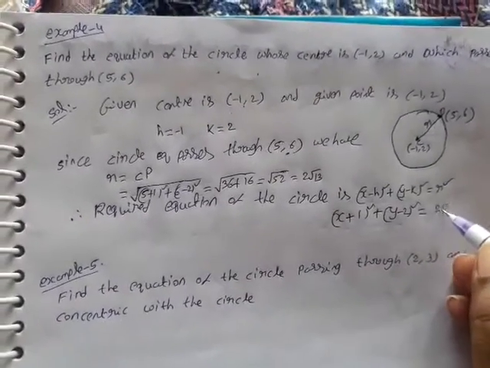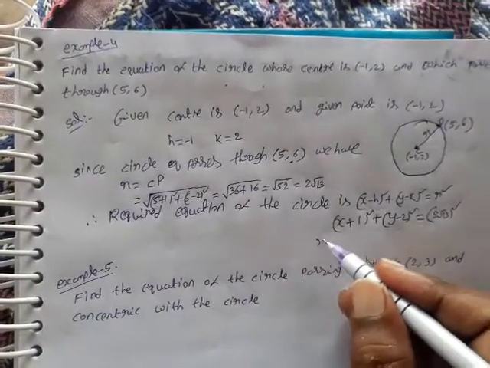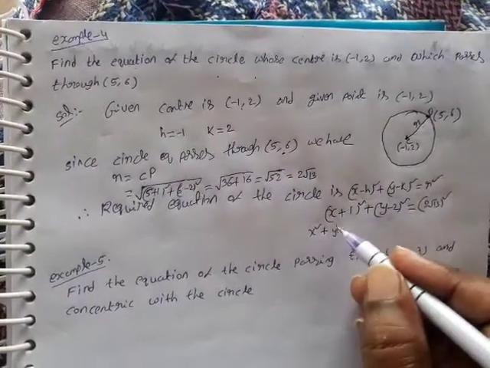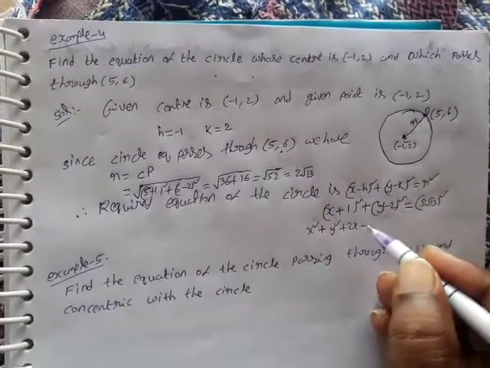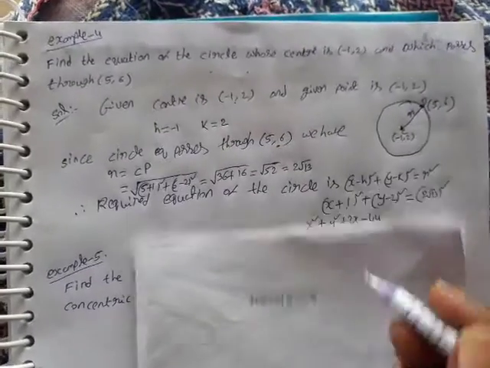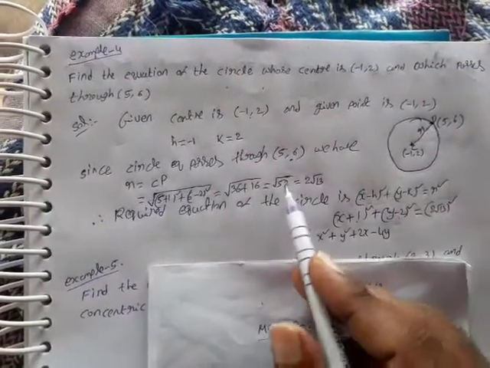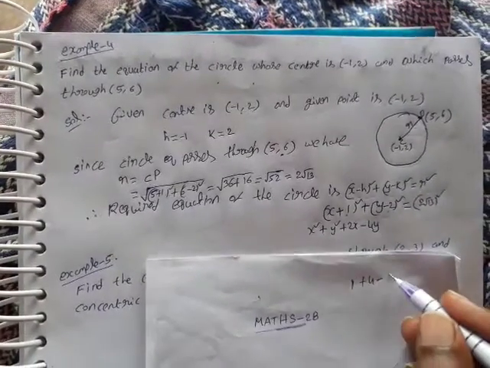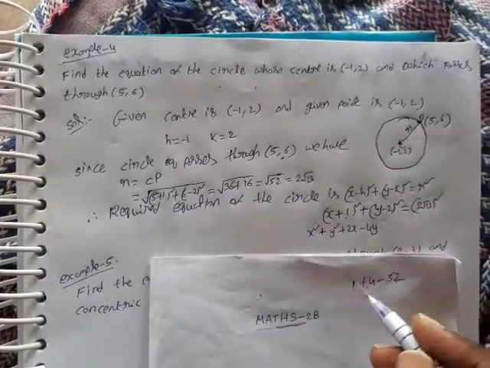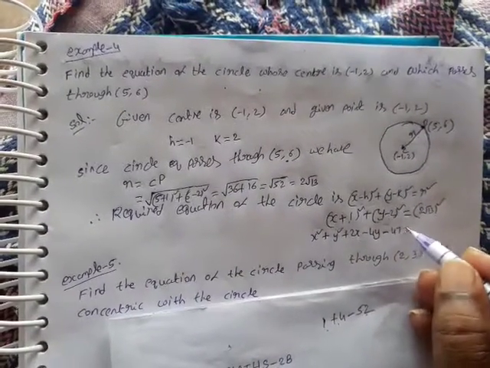Substitute the radius. (2 root 13) whole square equal to x square plus y square plus 2x minus 4y plus 1 plus 4, and here root 52 whole square is 52, that is minus 52. 1 plus 4 minus 52, 5 minus 52 is minus 47 equal to 0.